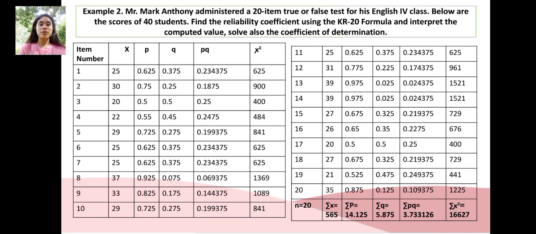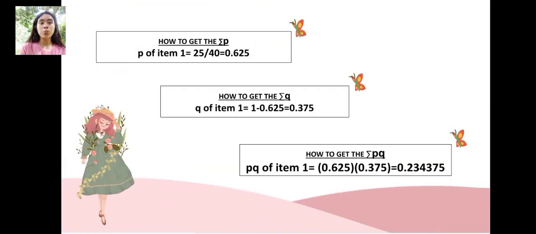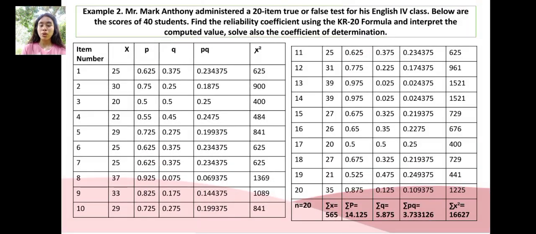This is how to get the summation of P. So P of item 1 is equal to 25 over 40, or 25 divided by 40, which is 0.625. Going back to the table, in item number 1, there are 25 students who got it right, and we divide that by the 40 students.